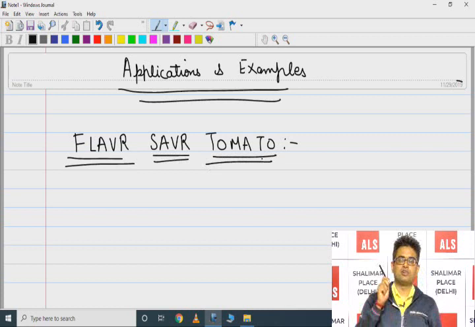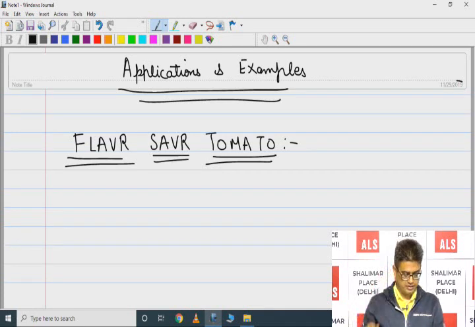Yes or no? Red cabbage, potato, and thick skin tomato. Alright. Actually, flavor saver tomato is very important. Not yet, okay. This comes in your exam, so I'll have to explain this.